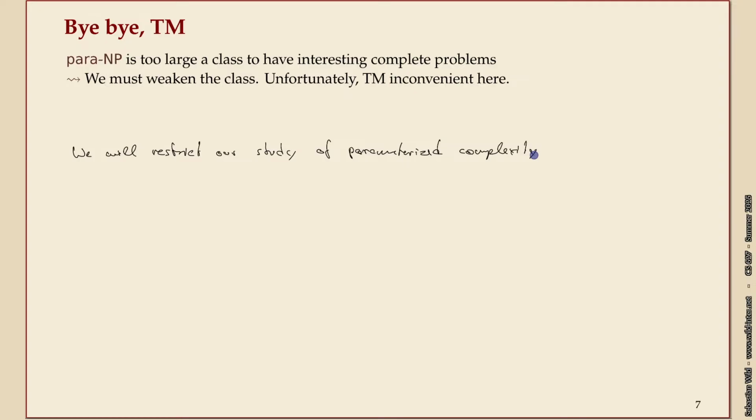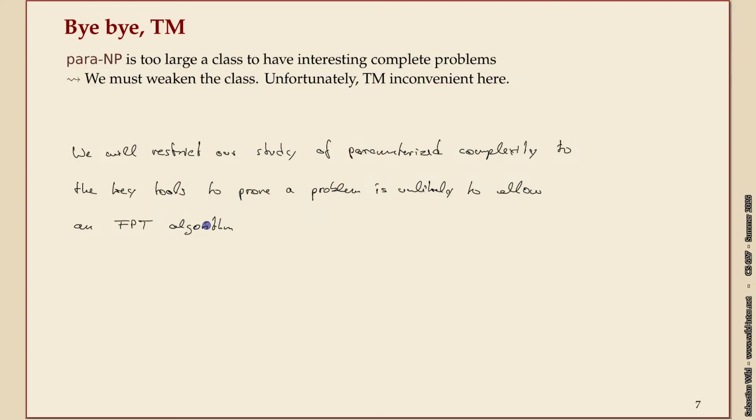We'll look at parameterized complexity classes, to the key tools to prove that a problem is unlikely to allow an FPT algorithm. If you want the structural complexities, say, study finer distinctions between problems, you could go further than we go. On the other hand, I also didn't want to just use reductions.